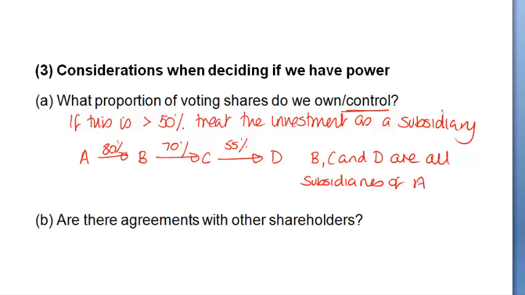Because C can tell D what to do, B can tell C what to do, and A can tell B what to do. Therefore, A can tell D what to do at the same time.